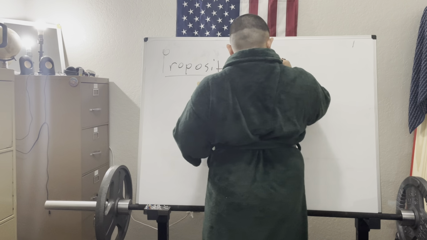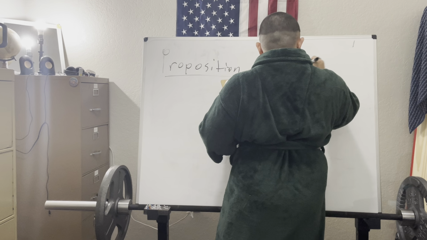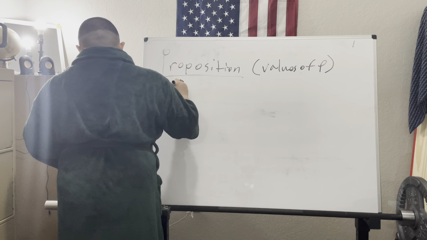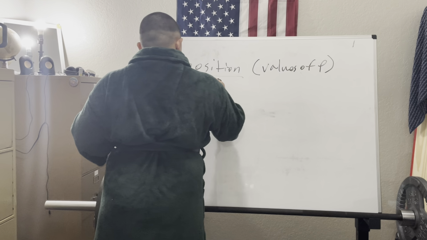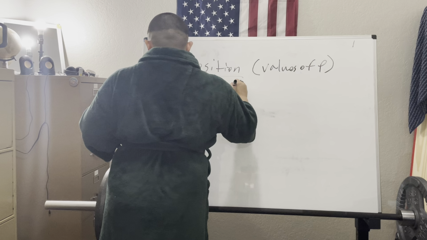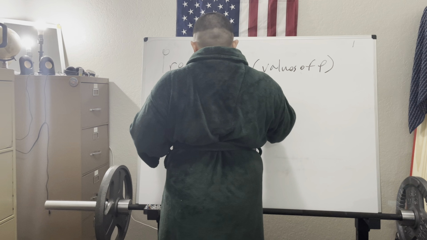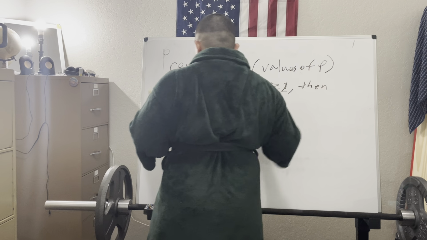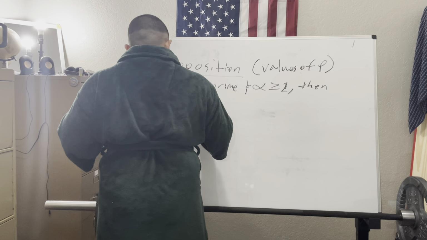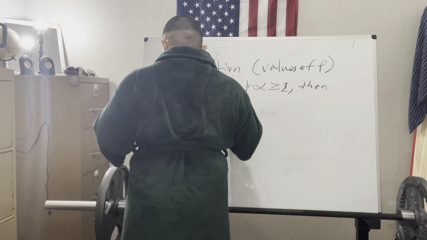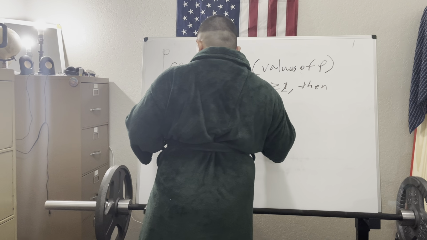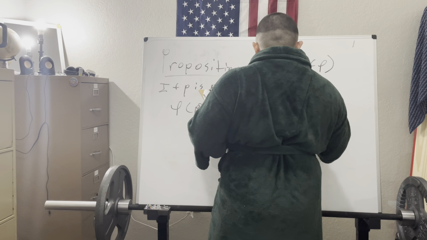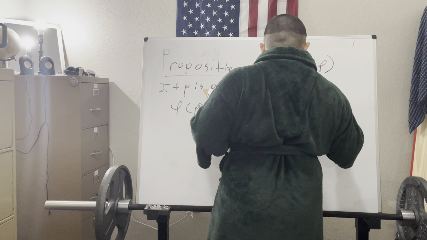These are the values of the totient function. So, if P is prime and alpha is greater than or equal to 1, then the totient function of P to the alpha is equal to P to the alpha minus P to the alpha minus 1, which is equal to P to the alpha minus 1 times P minus 1.